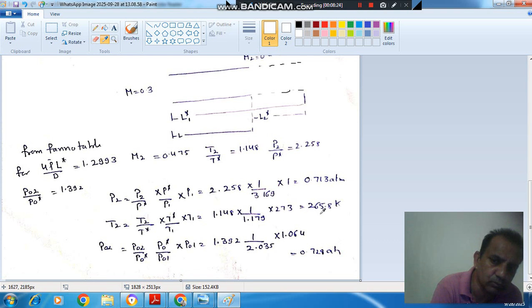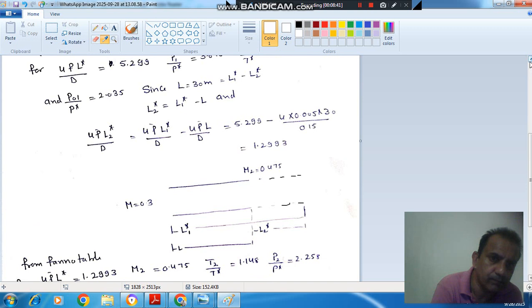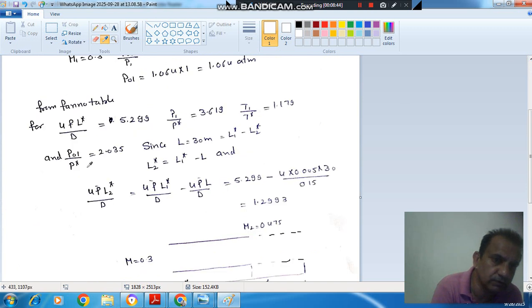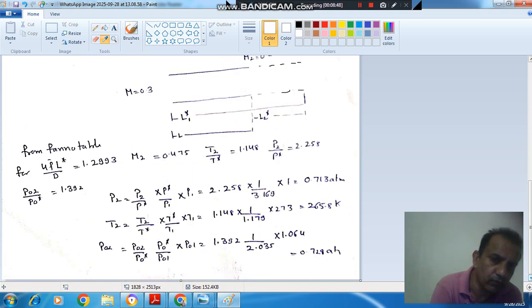So it will come out as 265.8 Kelvin. Similarly, P02 by P0 star we have, and P0 star by P01 as well, and P01 we calculated from the isentropic table, that is 1.064. So P02 will come out as 0.72 atmosphere.